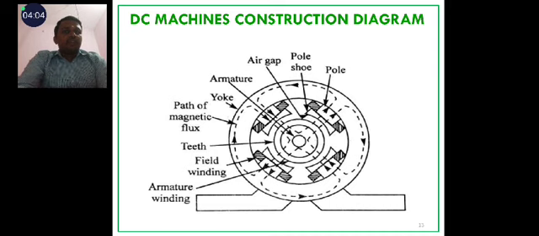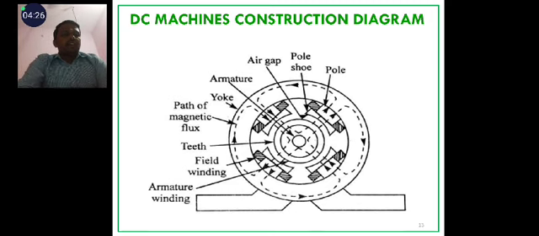Next one is the commutator and the brushes. What is a commutator? It is a mechanical rectifier which converts the alternating EMF generated in the armature winding into direct voltage across the load terminals. The commutator is made of wedge-shaped copper segments insulated from each other and from the shaft by mica sheets.